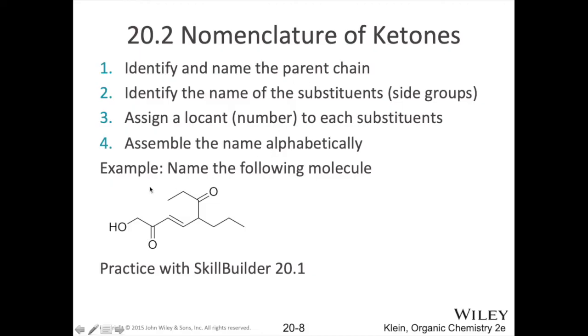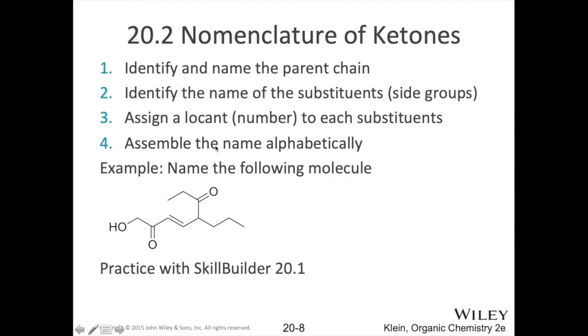Again, we're going to take the longest carbon chain that contains those functional groups, so that's going to be here. In this case, we're going to start numbering from this end, because from this end we go only 1 carbon before we get to the first ketone group, whereas from the other end we've got to go 2 carbons down before that happens.